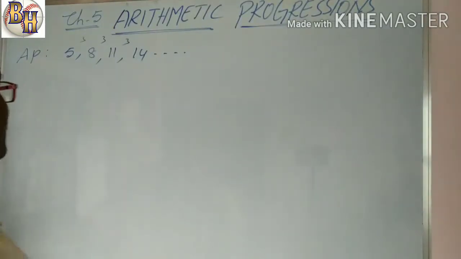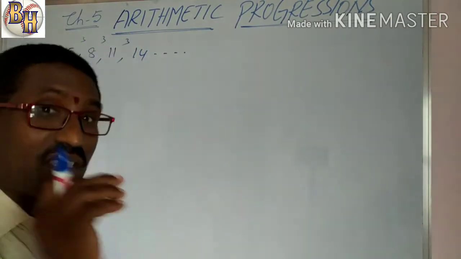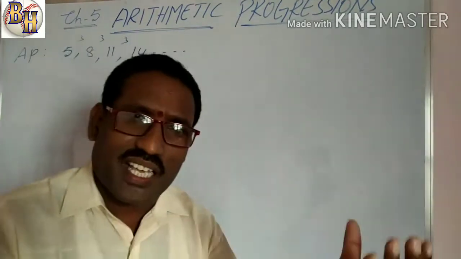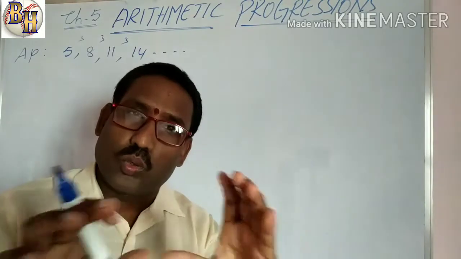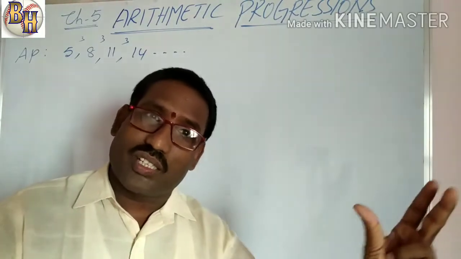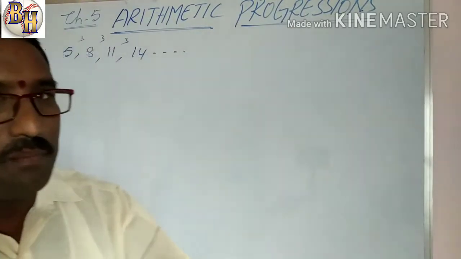But what is the fixed number here? The fixed number is 3. Here the difference is common, the common difference. For every two consecutive numbers, the difference is the same.